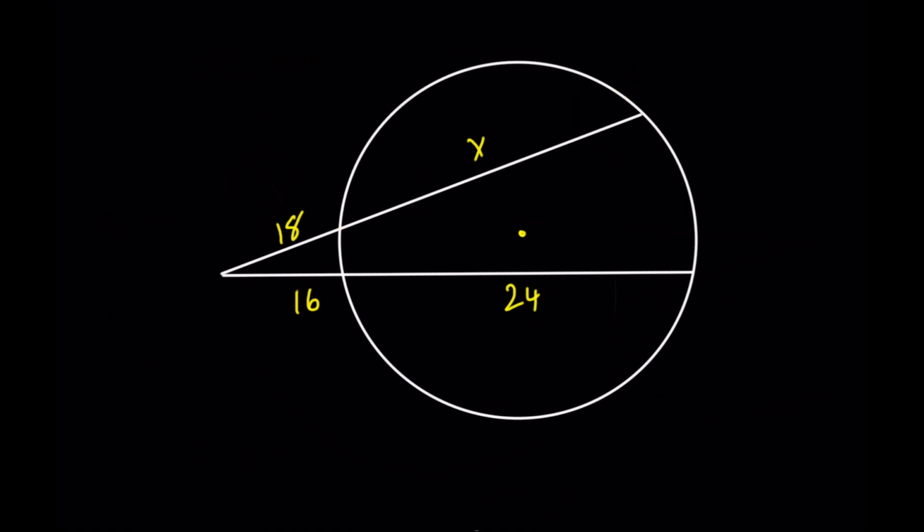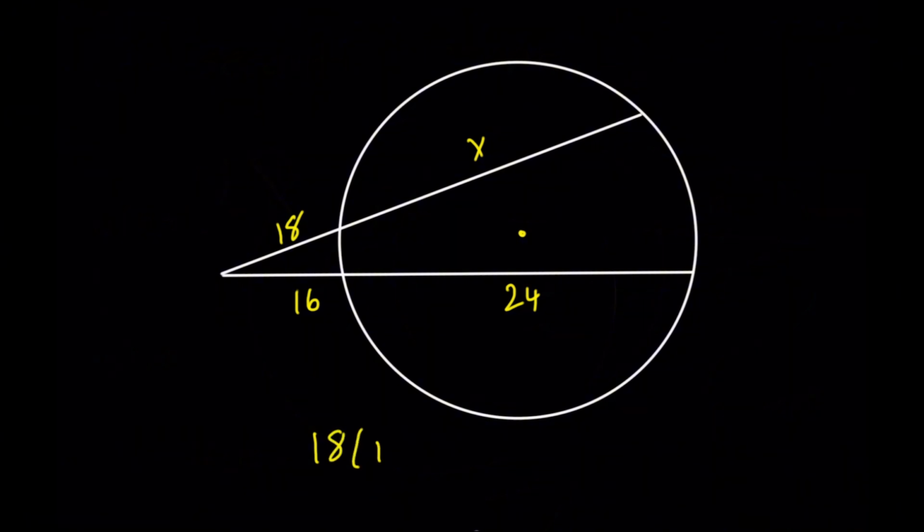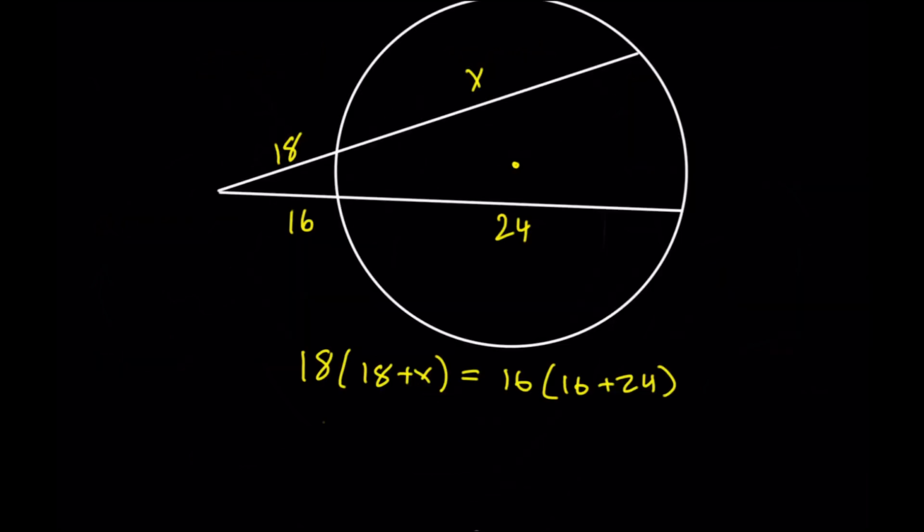So we're going to have 18 times 18 plus x equals 16 times 16 plus 24. That's going to be 324 plus 18x is equal to, so we want to add this, which equals 40, and so 16 times 40. And so now we want to multiply these two.